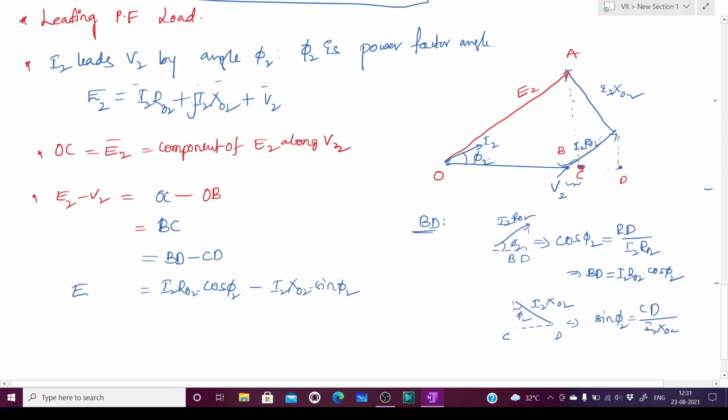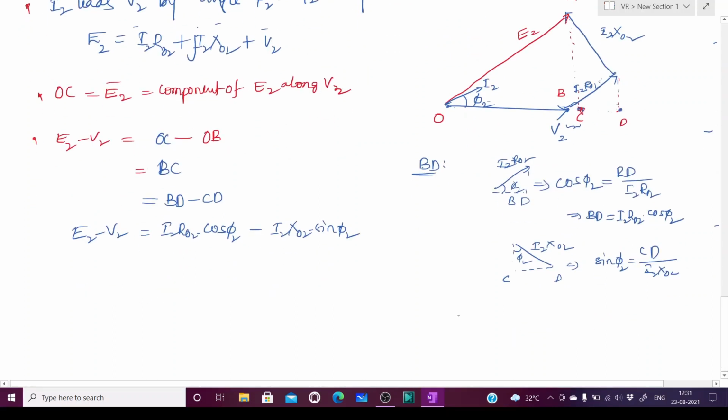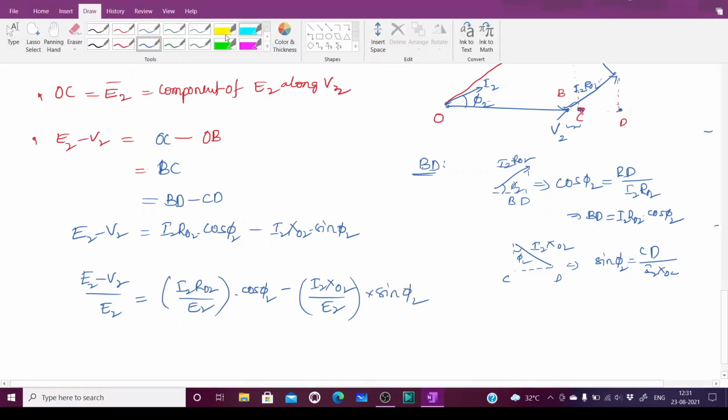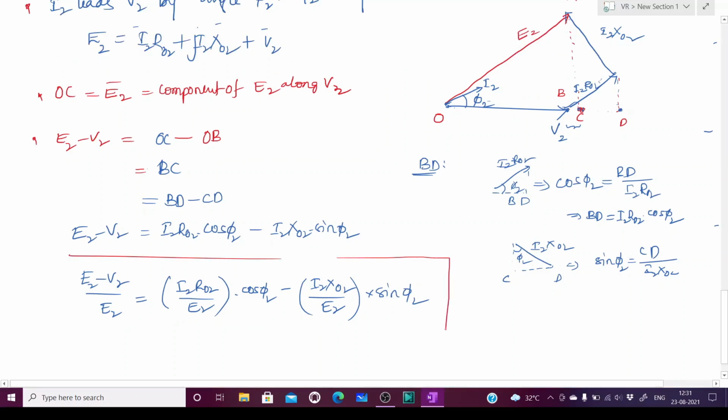This is our E2 minus V2. Now let us divide this E2 minus V2 by E2. That will be I2 R02 by E2 into cos φ2 minus I2 X02 by E2 into sin φ2. So this is the voltage regulation for a leading power factor load in a transformer. Now let us summarize.